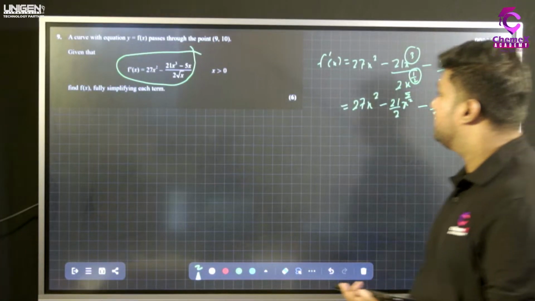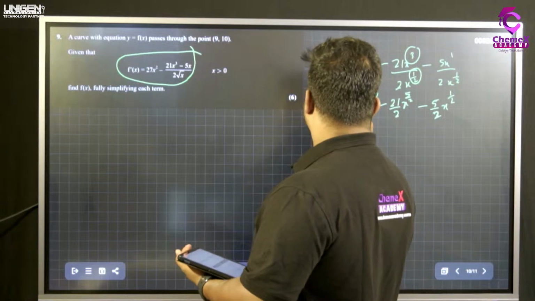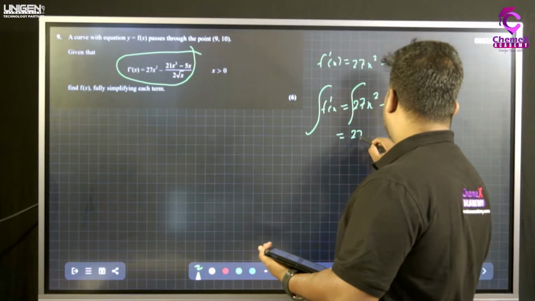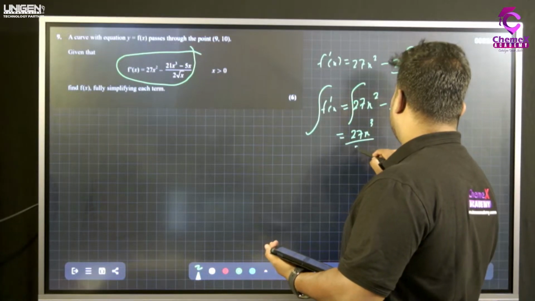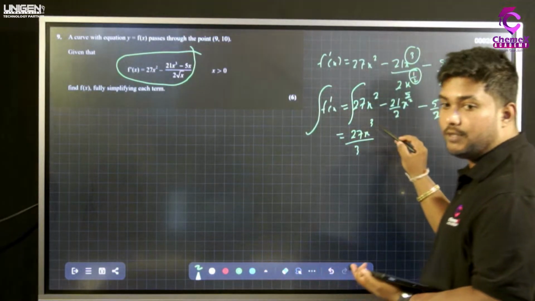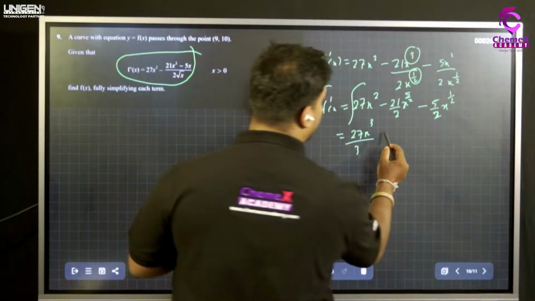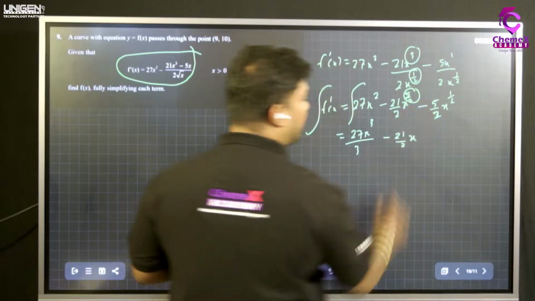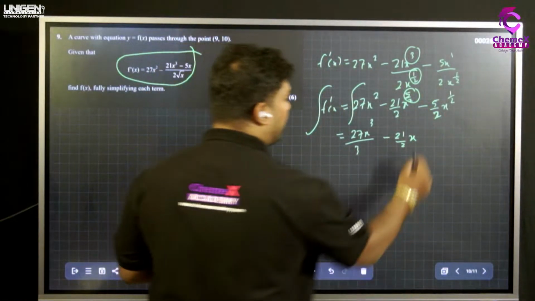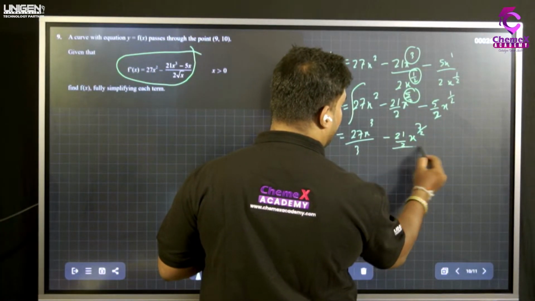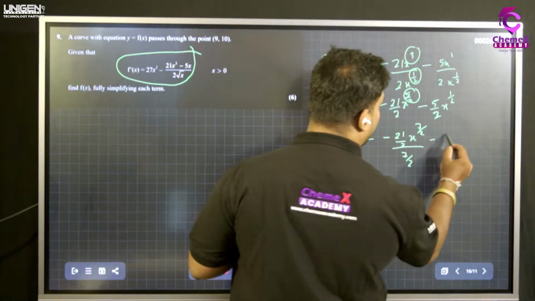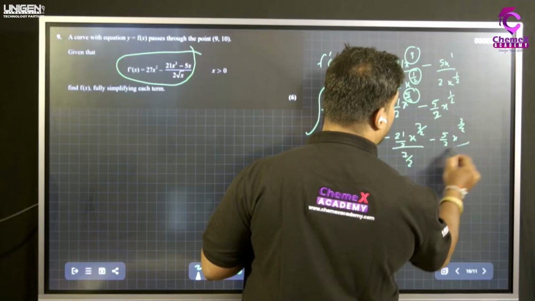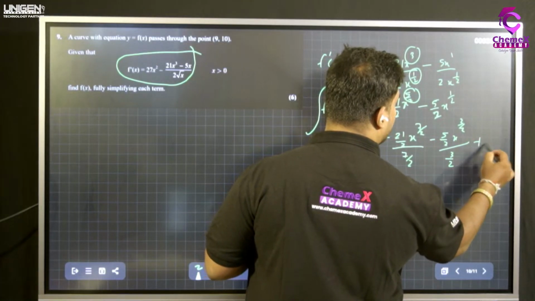So then you integrate it. 27x cubed divided by 3, you add 1 to the power, no? When you integrate, minus 21 over 2 x to the power, 2.5 plus 1 is 3.5, 7 over 2, divided by 7 over 2, minus 5 over 2 x to the power, half plus 1 is 3 over 2, divided by 3 over 2, plus c.